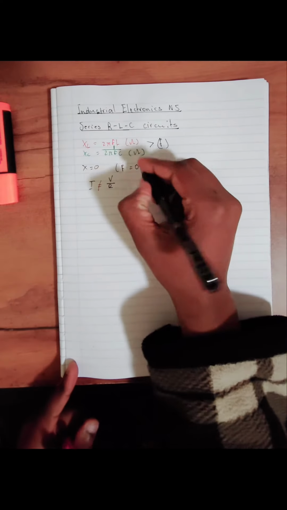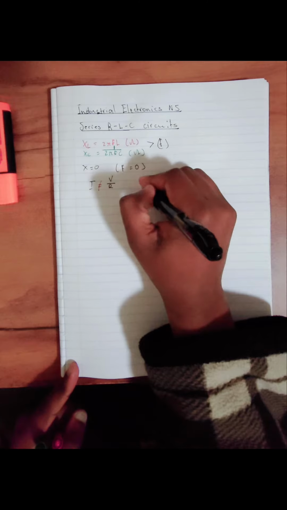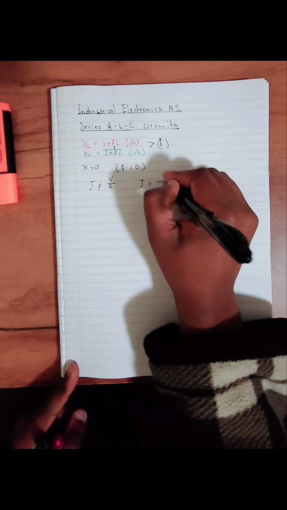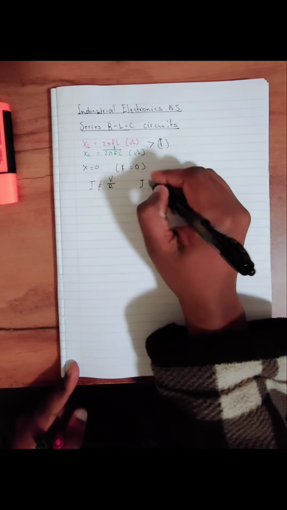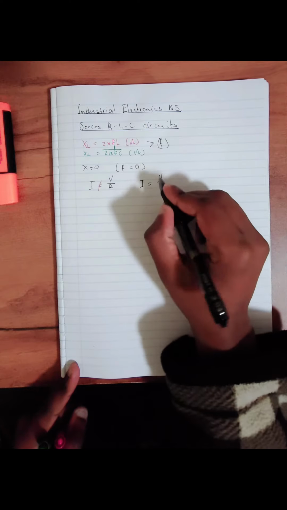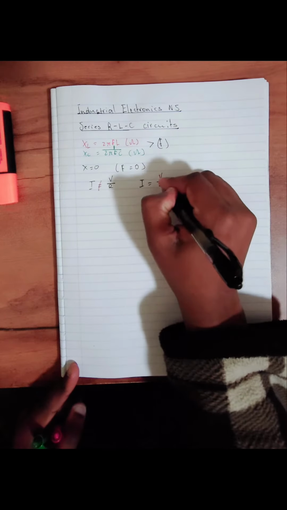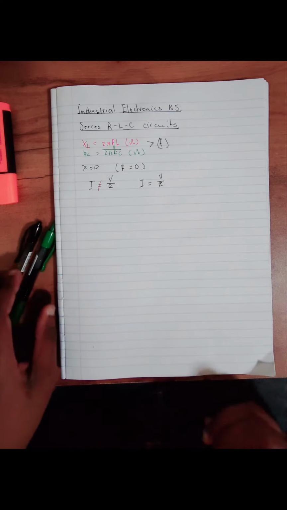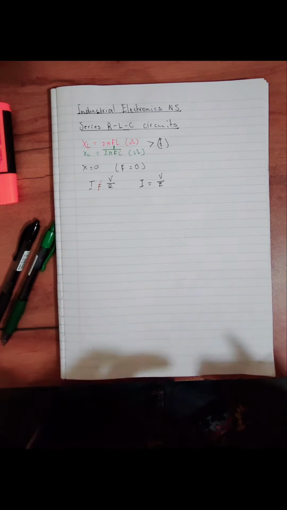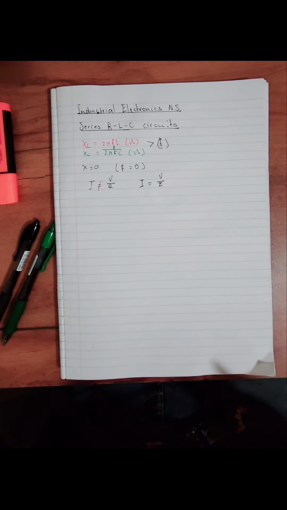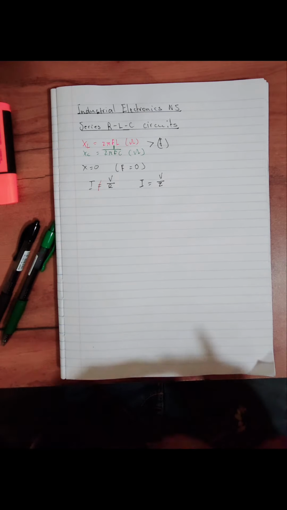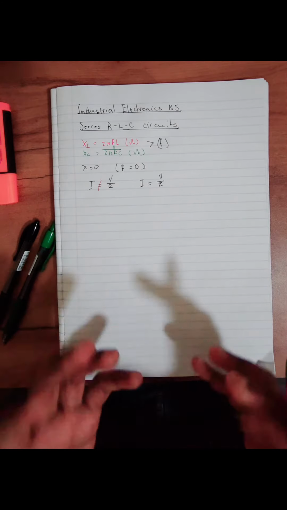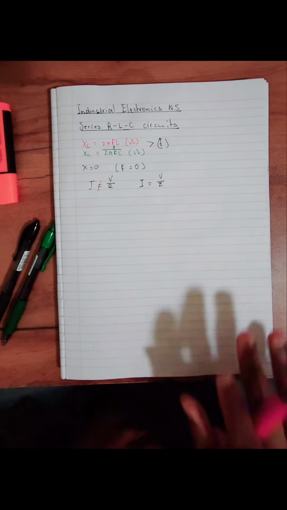So the correct way to modify this Ohm's law is to say I is equal to V over Z, guys. Now we are taking into account the reactances of a circuit, the total opposition of a circuit.